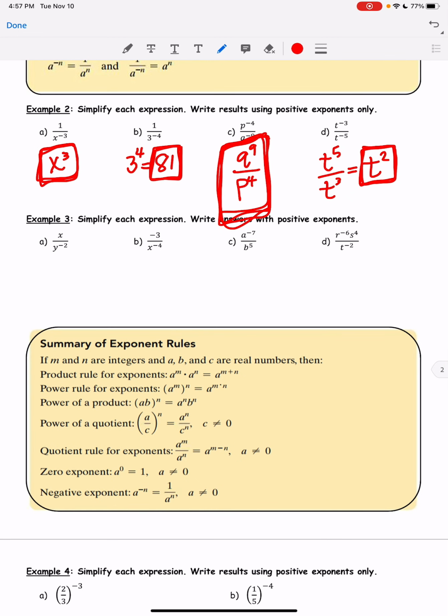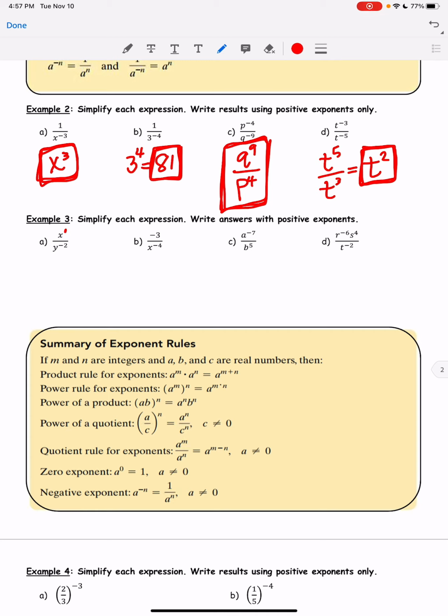Now example 3 is really the exact same thing. But the point of exercise 3 is to make sure you are aware that you're only moving what's negative. So, for example, on A, my x has a positive exponent, right?